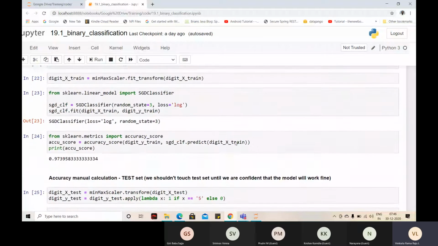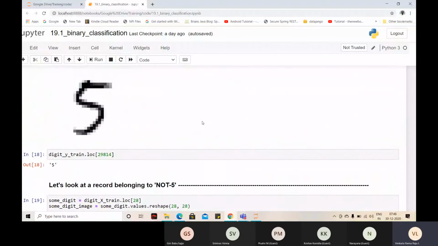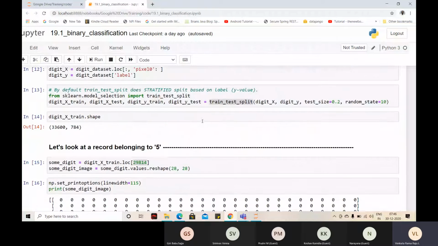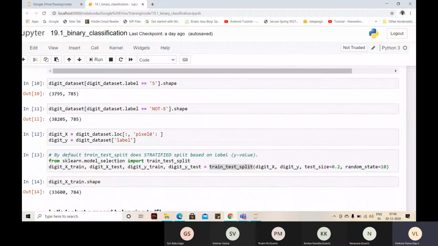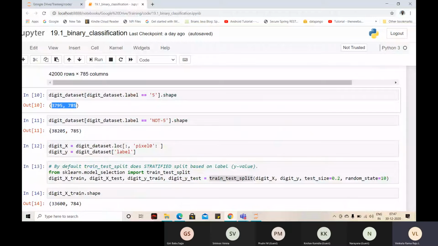When we converted this data set into a binary problem, we had an imbalanced data set. On the 5 class we have 3,700 records, and on the not 5, 38,000 records. So it's an imbalanced data set.